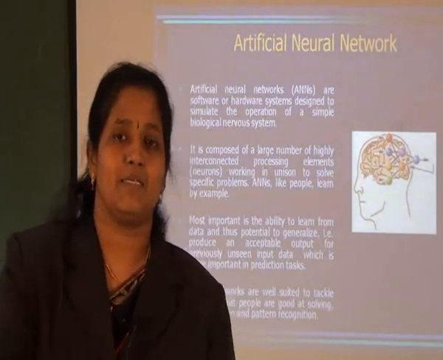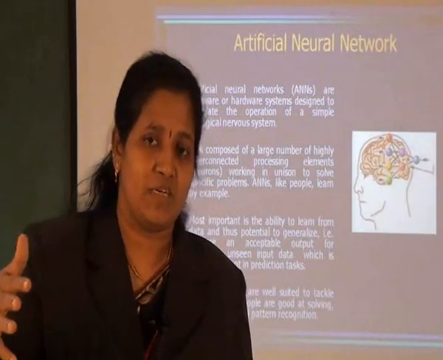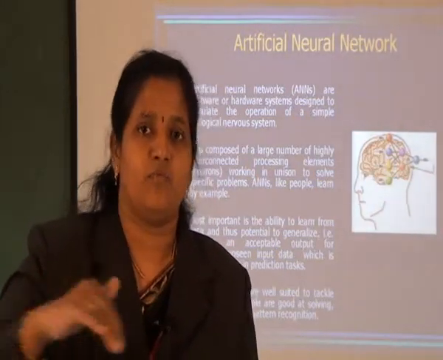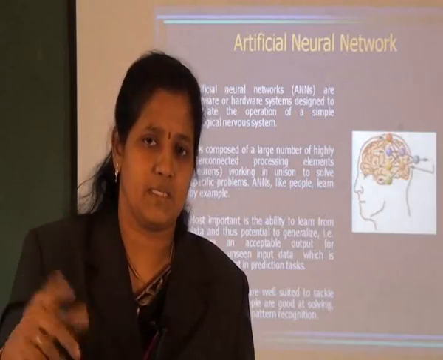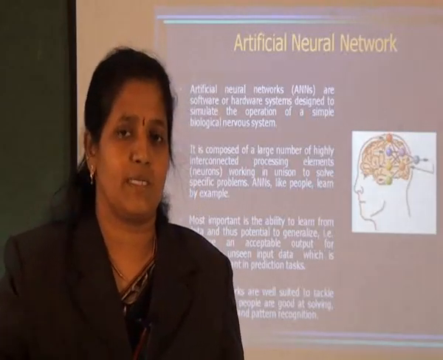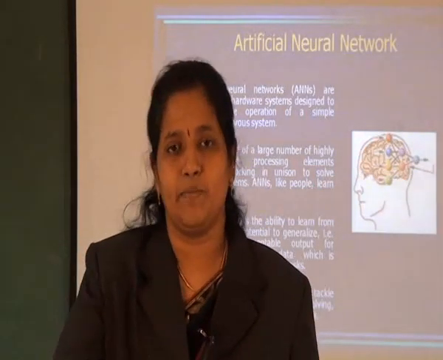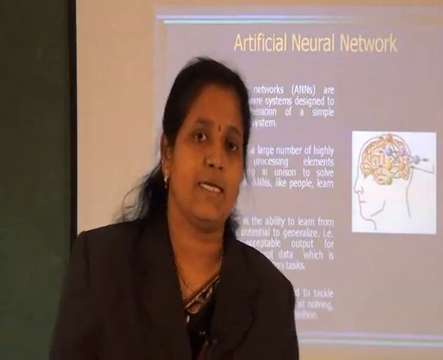Suppose you have a data set, and you train the neural network by giving 5 parameters, 4 legs and 1 top. If you keep on giving this input and train the system, then the output is table. After 500 iterations, if you give any input, it will automatically say it is a table.